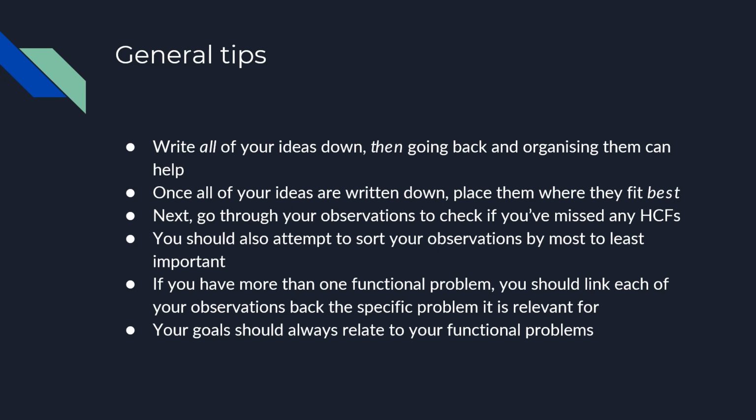If the goal doesn't look identical to the functional problem, for the most part, using the same words and the same phrases, then probably rethink what your goal is. And as always, try and use the SMART acronym, as we definitely want to be measuring how successful our interventions are. So hopefully that helps.